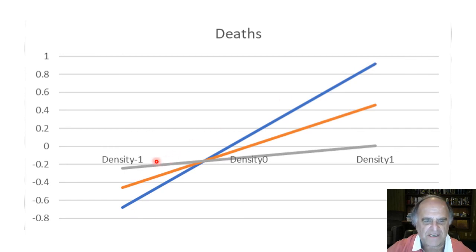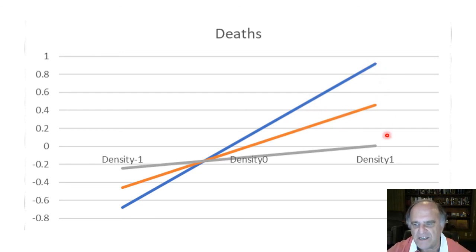So if density is low, then a low temperature actually results in the least number of COVID deaths. On the other hand, if density is high, then a low temperature results in the highest number of COVID deaths. So when density is high, this would be high temperature, average temperature, low temperature.